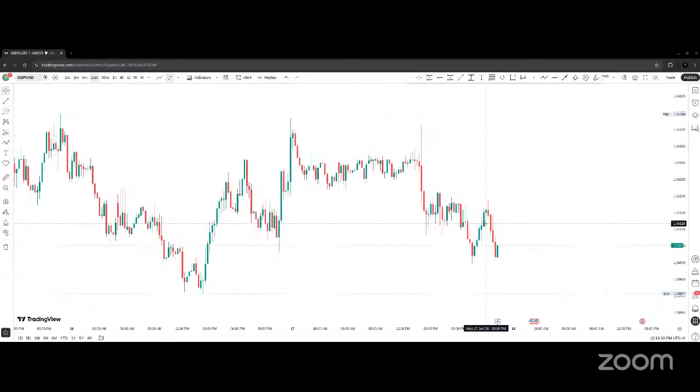Can you change the color? I can't really see the candle properly. Change it to black if you can. Okay, black. I'm not sure why it doesn't project. Let me try again. The color is not that bright. Let me try to use red.